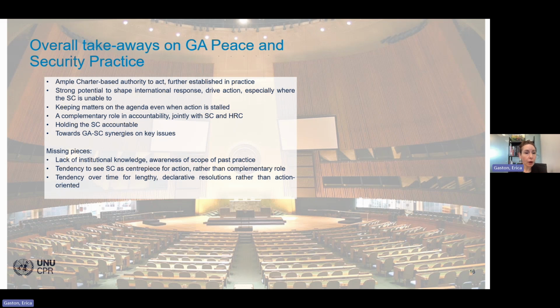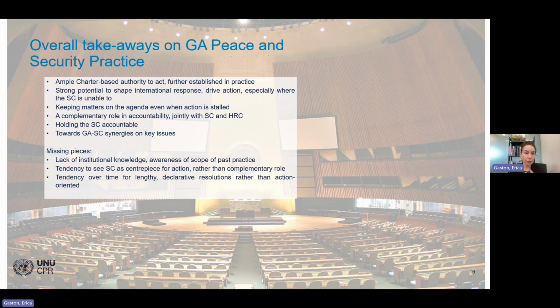Also, because of its natural role vested in the charter of providing recommendations to the Security Council, we've often seen cases, whether in the emergency special sessions or in regular resolutions, where they note the Security Council's inability to act on certain matters, or in the recent veto initiative of trying to hold the Security Council more to account.